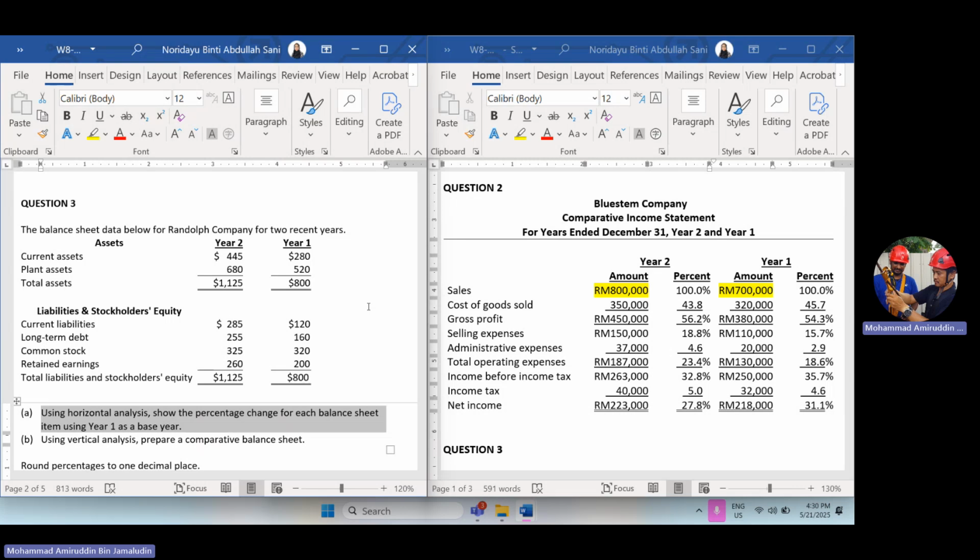In this format, what they do is they add these first to get one total, so 450 minus 187, you get this much. If this presentation is confusing, it's okay, you can skip this one and straight away put parentheses here.